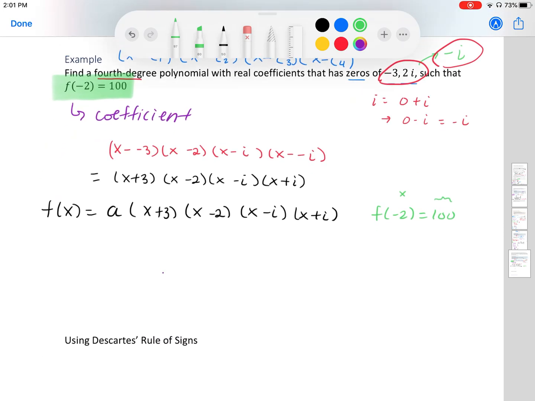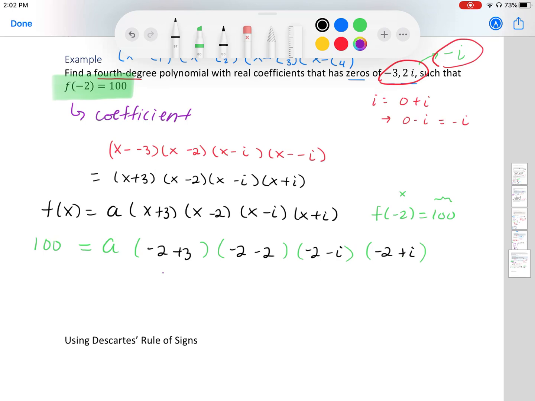So that we have 100 is equal to a times, and for each one of these, for x, I'm going to write -2. So that I have -2 plus 3, -2 minus 2, -2 minus i, and -2 plus i.